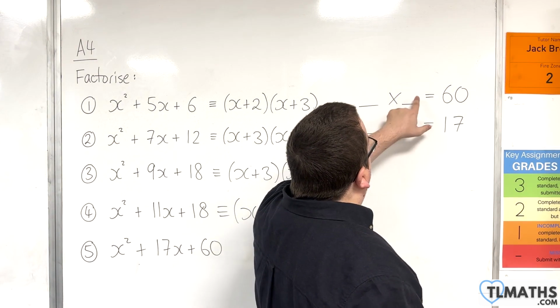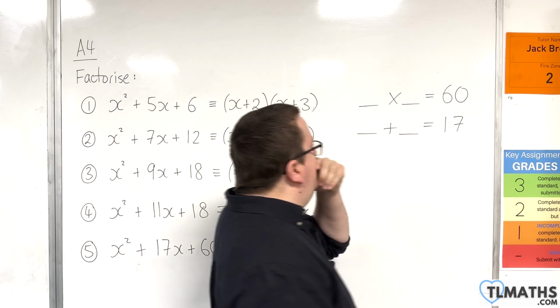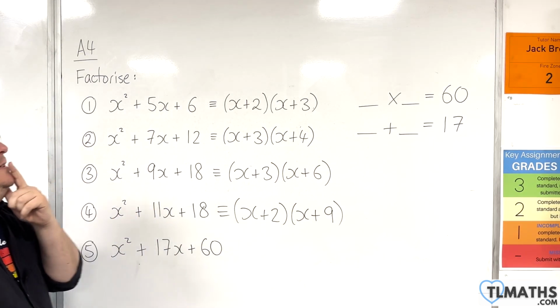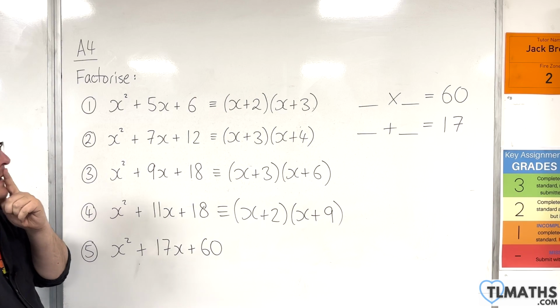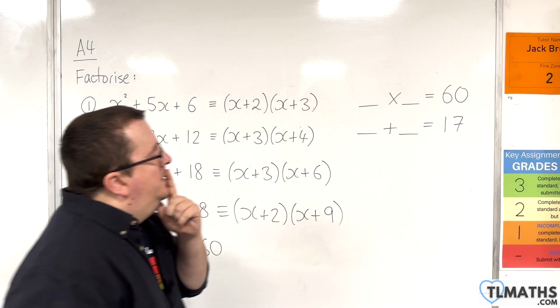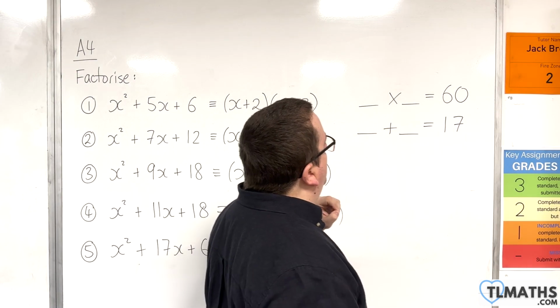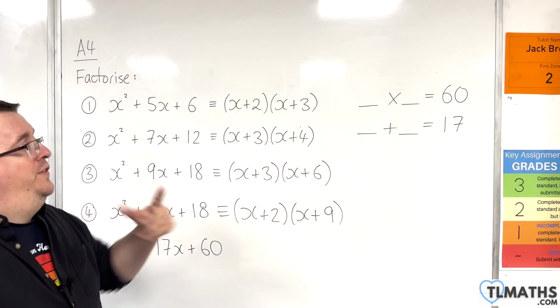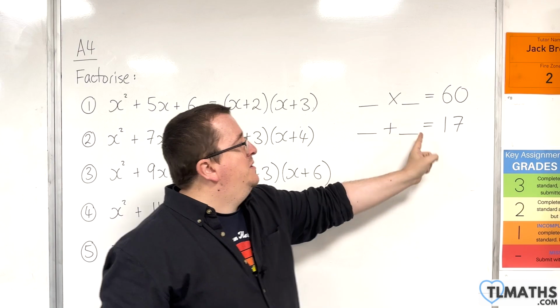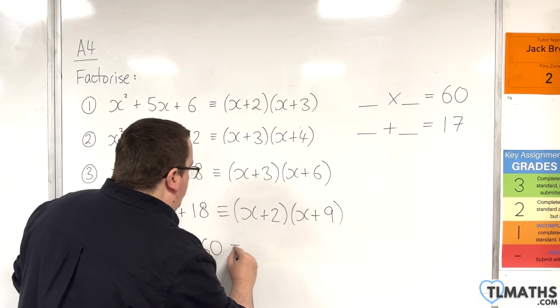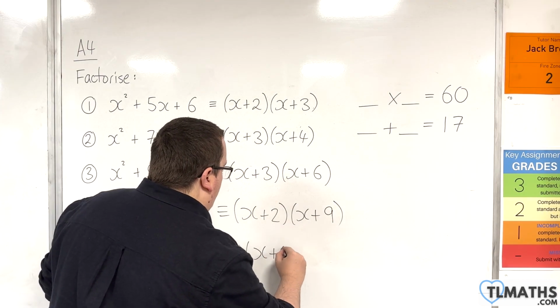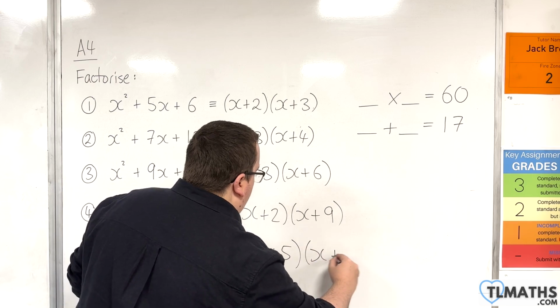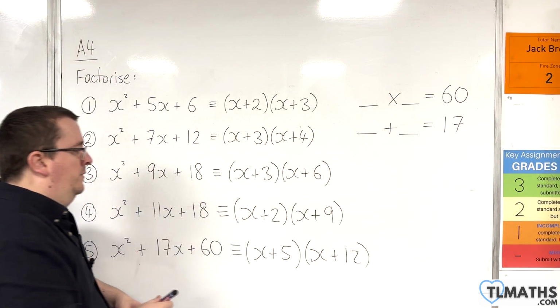No, 4 times 15. 4 and 15 is 19, not quite. 6 times 10 won't work, so it has to be somewhere in the middle. So 5 times 12, isn't it? 5 times 12 is 60, 5 plus 12 is 17. So 5 and 12, x plus 5, x plus 12.